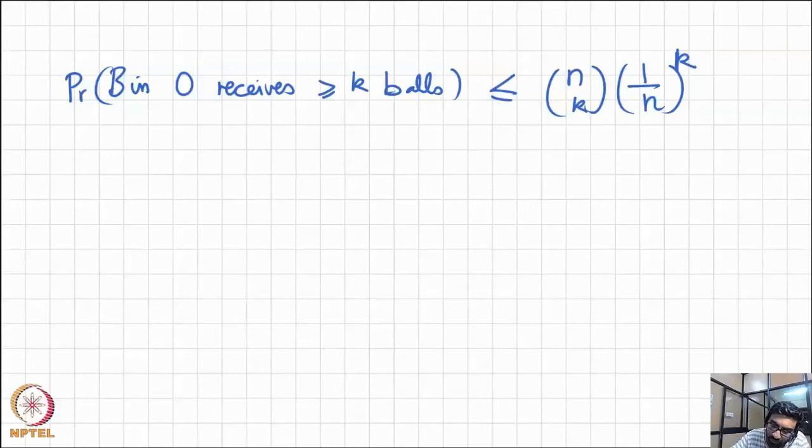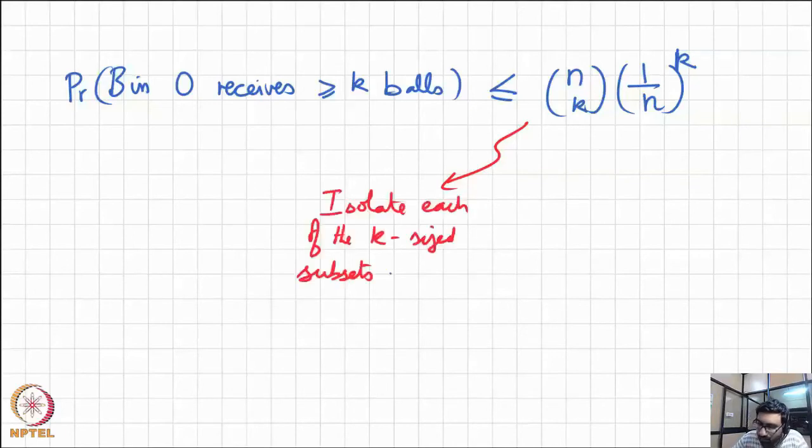So the n choose k will isolate some k items from the list of items that we're storing in the dictionary, and there are n choose k ways of doing it. And once such a subset is chosen, each ball in that subset should fall into bin 0, and that is 1 over n raised to the power k.